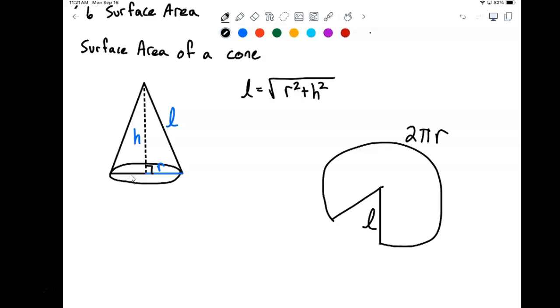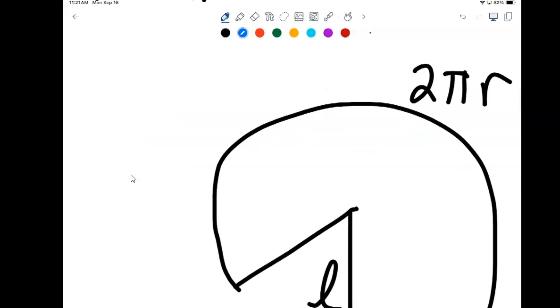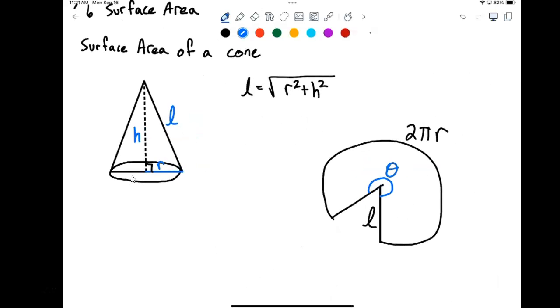The cone will actually be a sector of a circle of radius L with a central angle in radians of theta. Now we know a few things about circles and arc length. This length here, this 2 pi r, is the arc length of this circle of radius L with central angle theta.